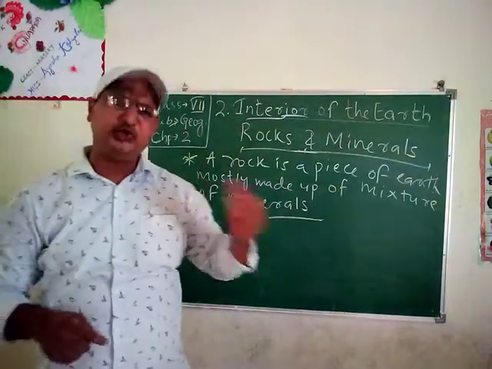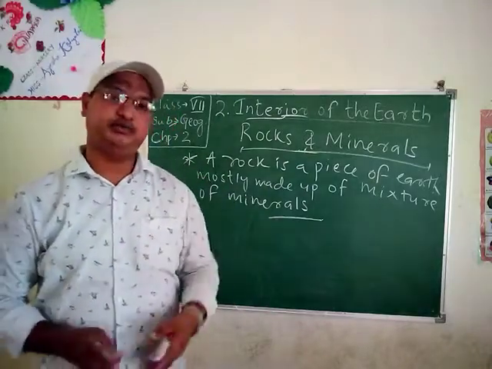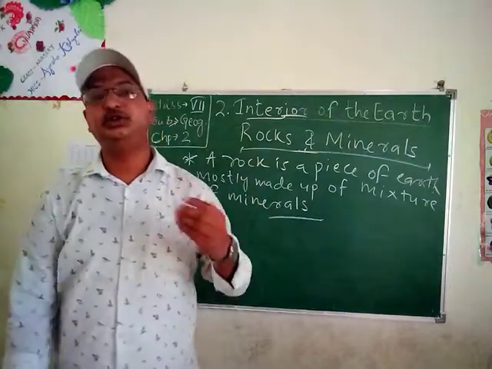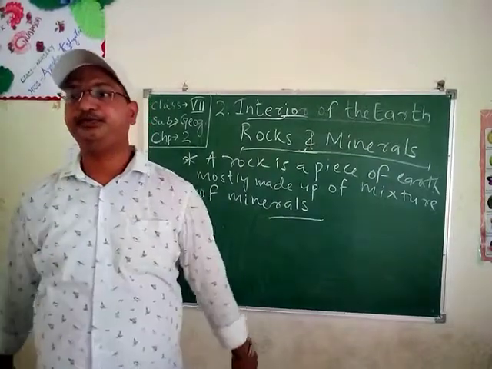Friends, due to the presence of minerals, it is very hard. This is not just earth, not just mud, not just mitti we can say, but it is the mixture of minerals, so it becomes harder.